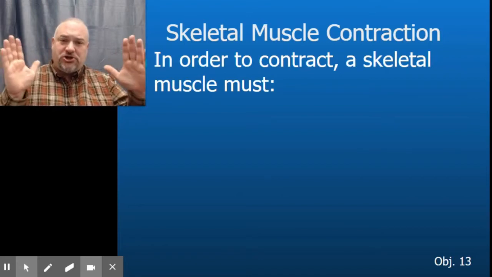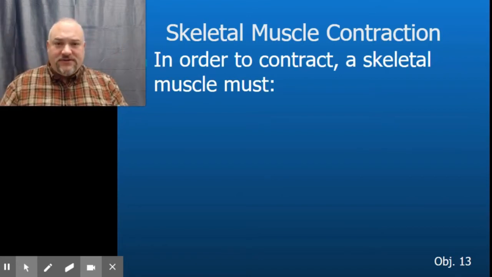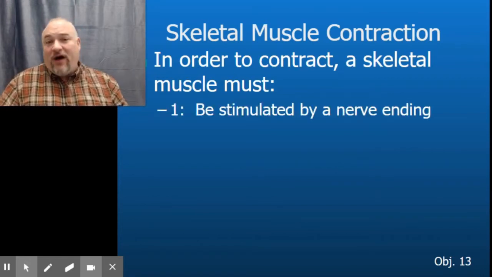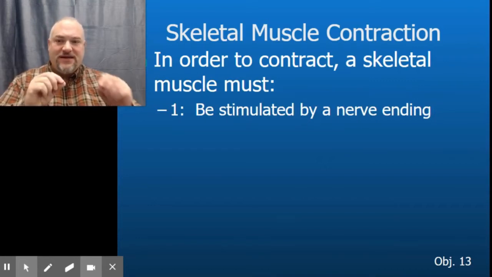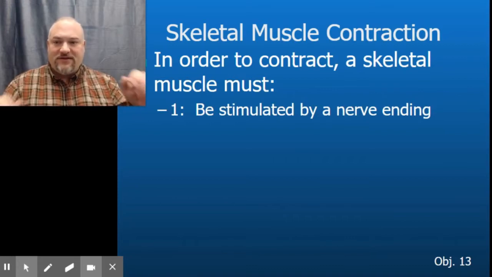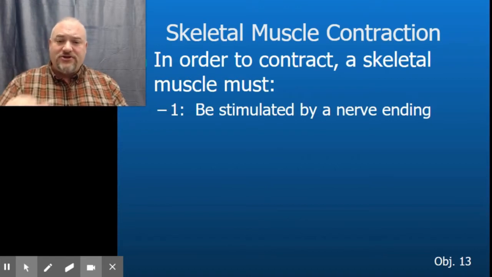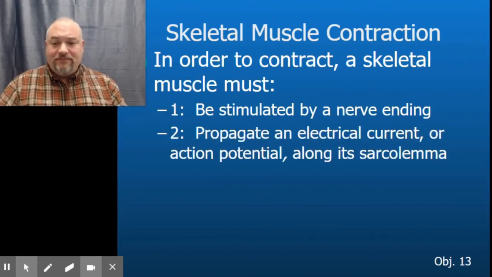All right, so let's break it down. How do we get that shortening of the sarcomeres, and thus the myofibril, and thus the whole muscle, to happen? Let's break it down into 3 steps. One, it's got to be stimulated by a nerve ending or an external electrical source, like the electric shocks at the physical therapist to get your muscles to twitch. That'll do it too, but naturally, a nerve ending will have to stimulate it.